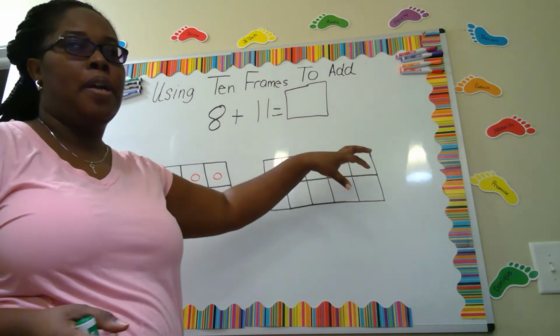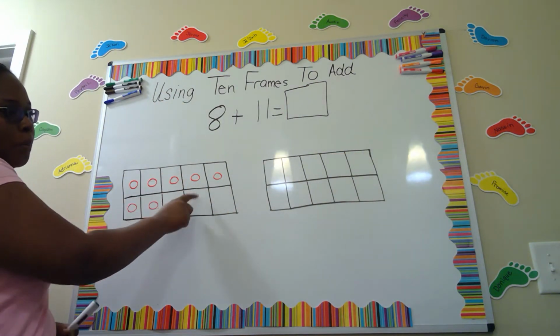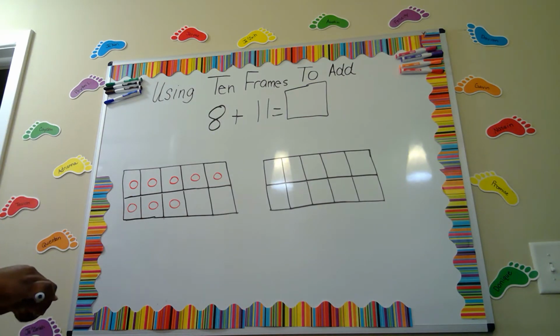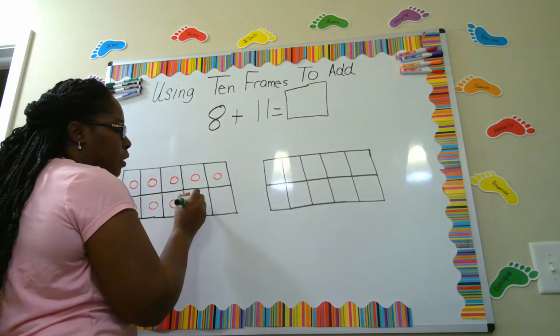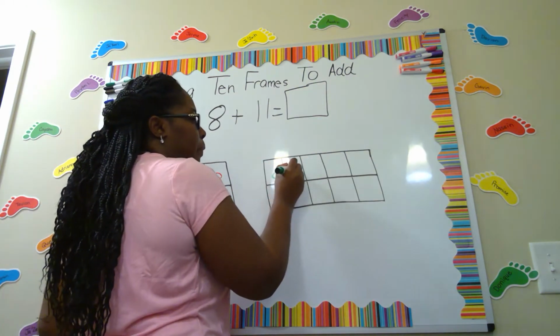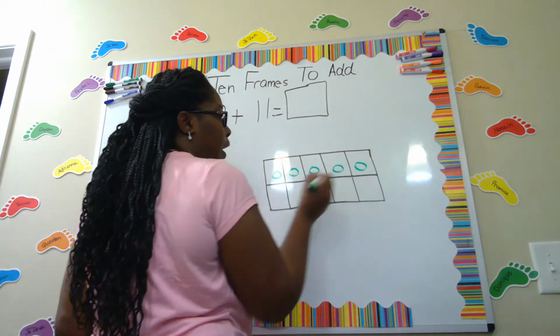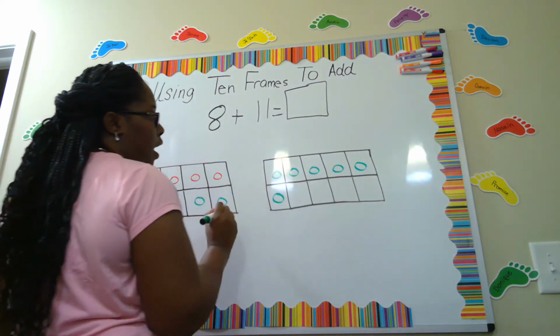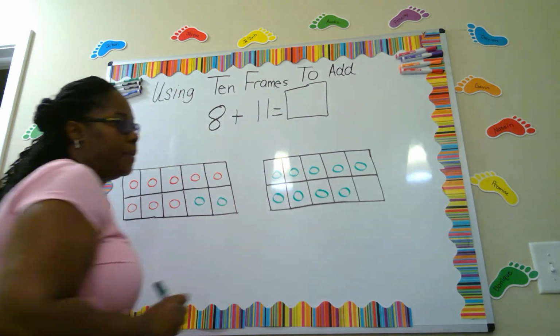Again, I can start over here, fill this all up, and then move over, but it's just easier for me to start from where I left off and count, okay? Or add counters. So I'm going to add 11 counters. So 1, 2, 3, 4, 5, 6, 7, 8, 9, 10, 11.